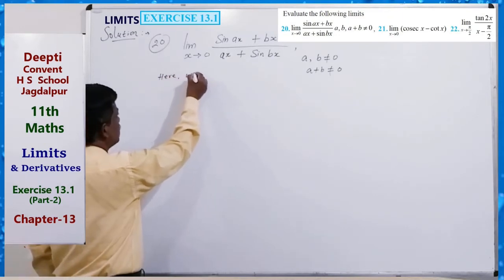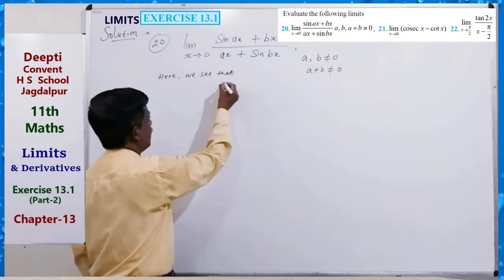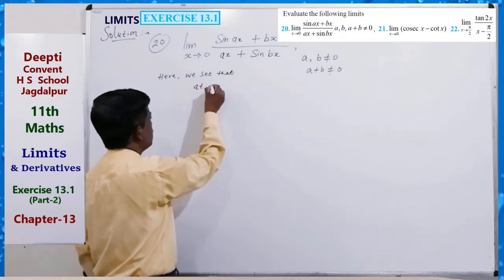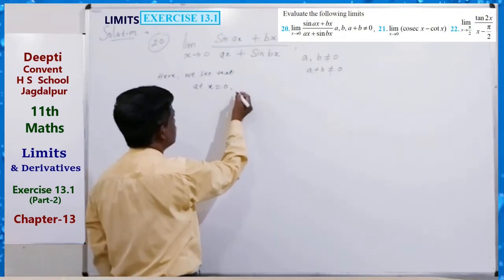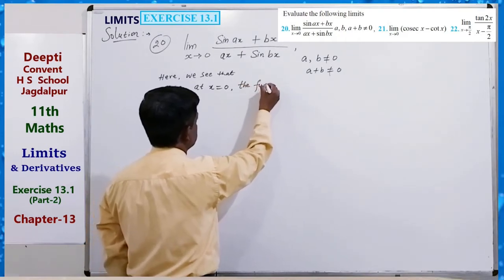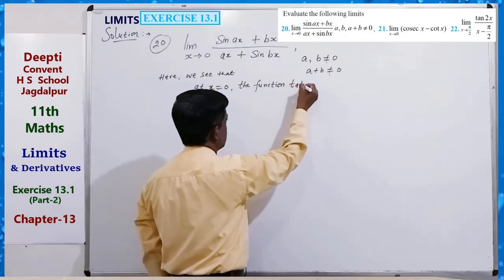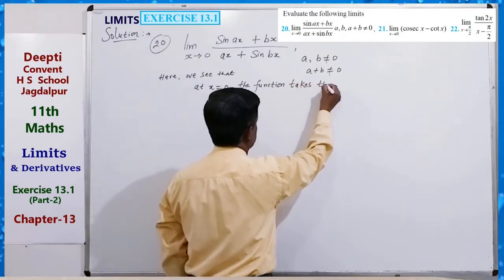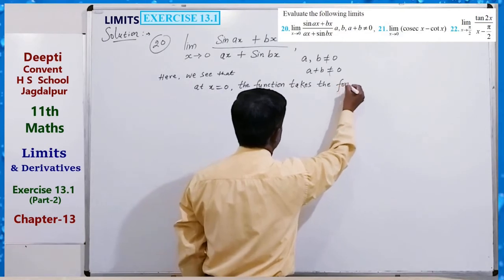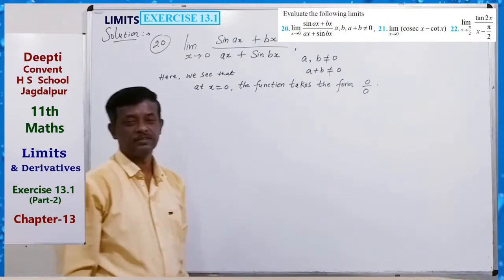Here we see that at x equals 0, the function takes the form 0 by 0.